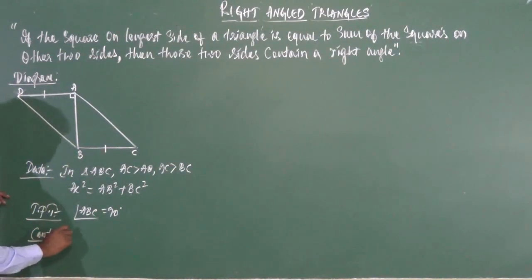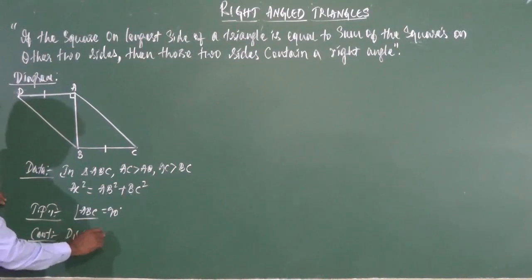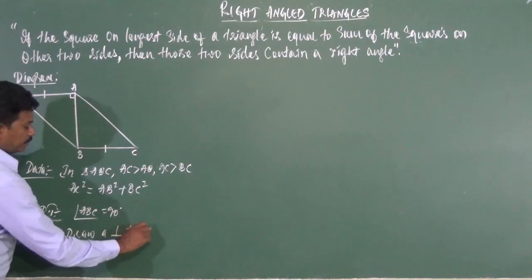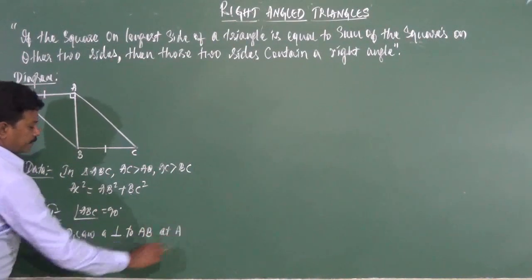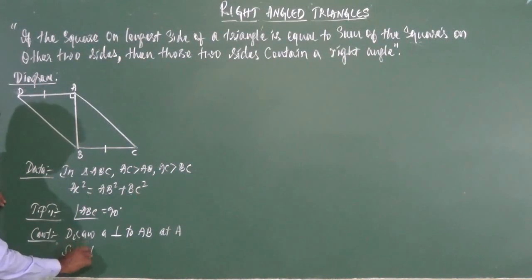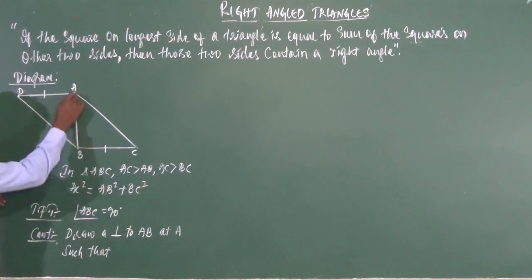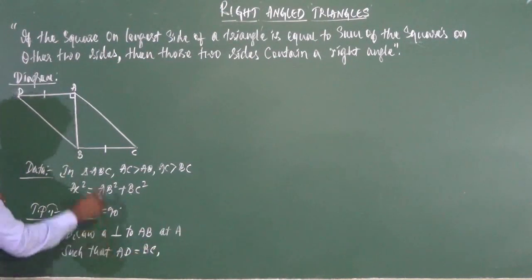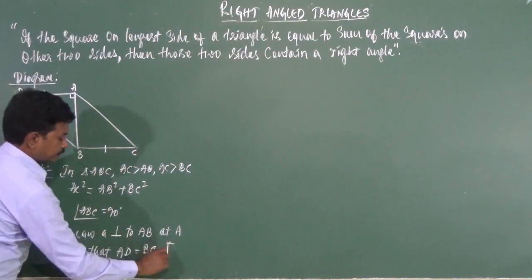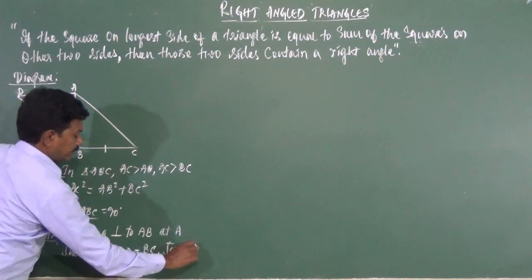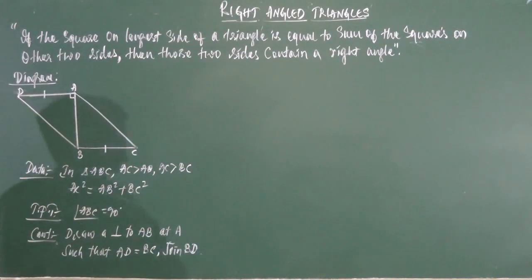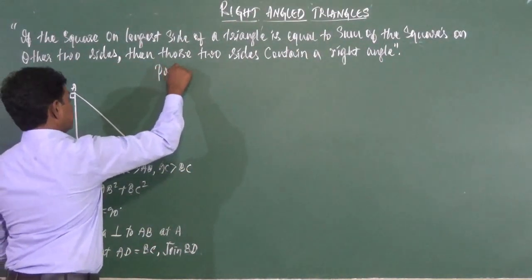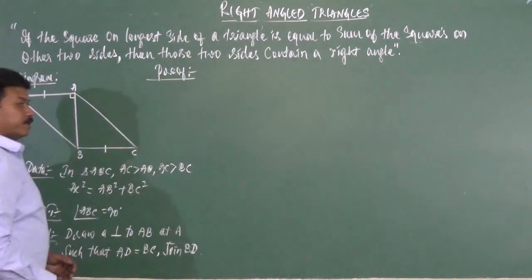Once again, draw a perpendicular to AB at A such that AD is equal to BC, and join BD. Right, so this is the construction part. It's very, very important.